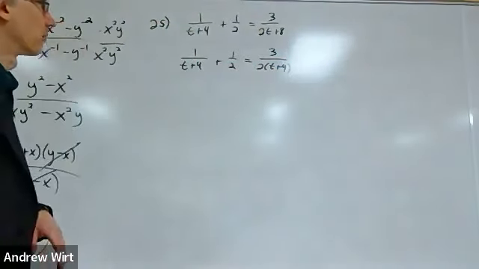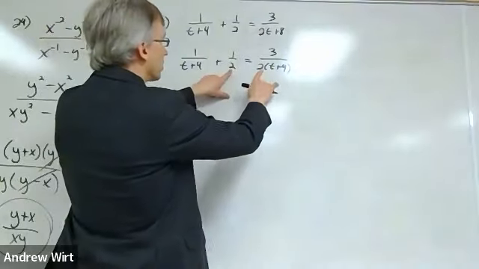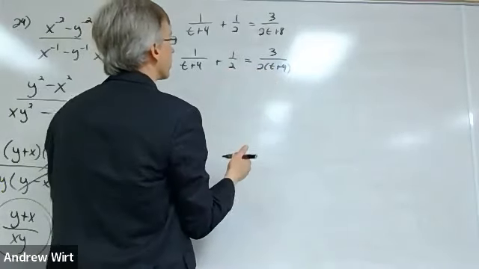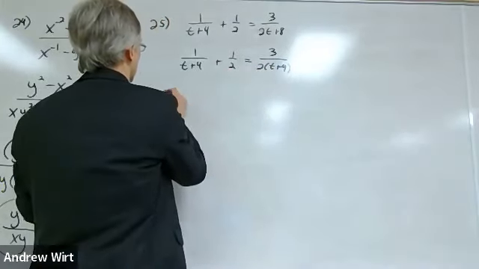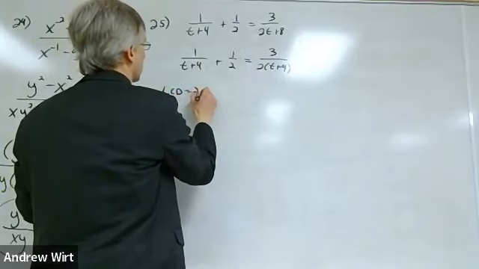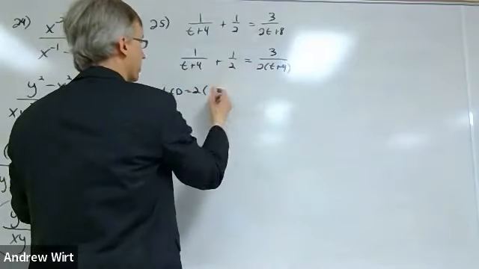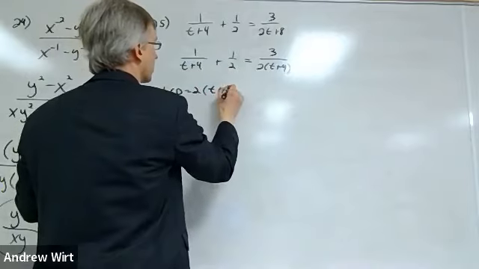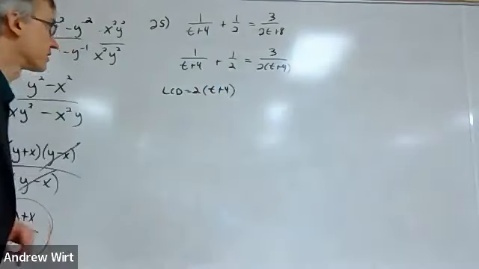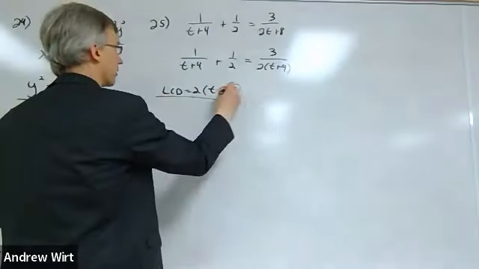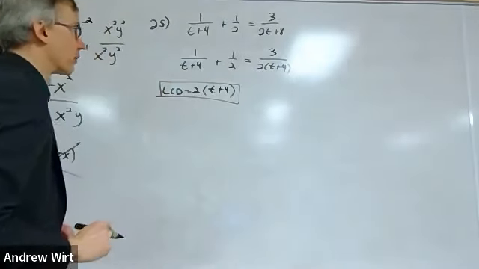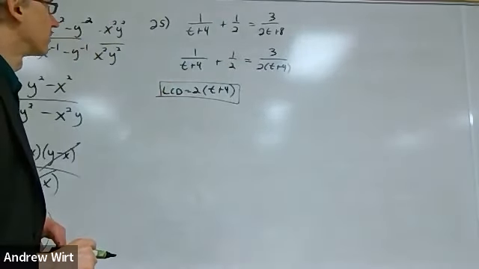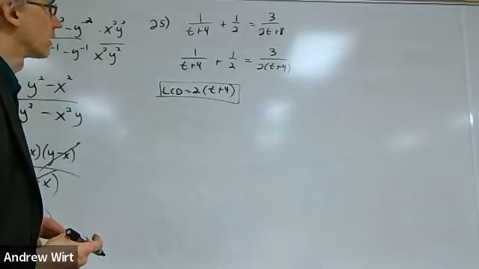All right, now we look at the coefficients. We got 2 and 2, so that'll be the coefficient of the LCD. And then we have one unique binomial, t plus 4. So there's our LCD, 2 times t plus 4. All right, now we're going to get all these fractions to have that denominator.